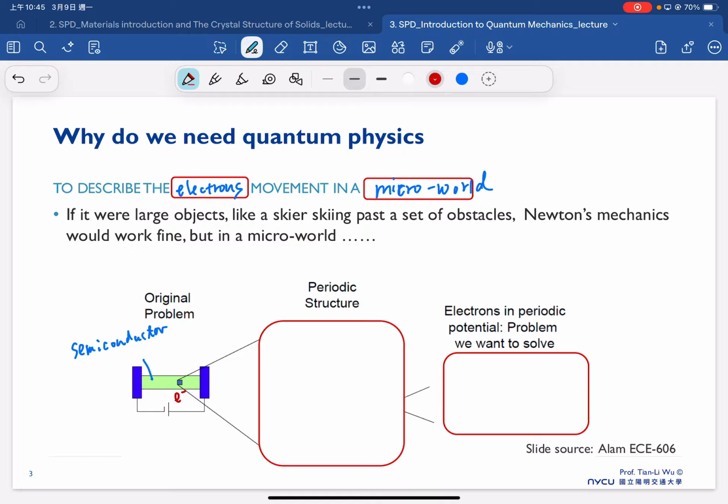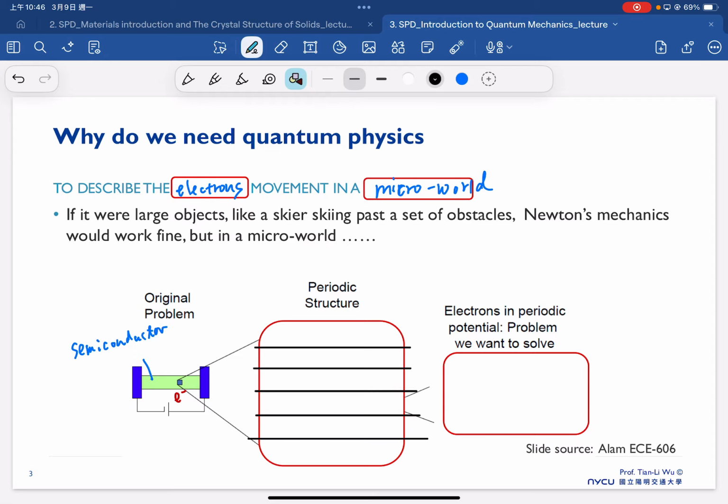Especially since the electron is extremely small. Actually, if you zoom in on such a small scale in the semiconductor material, there are lots of atoms.